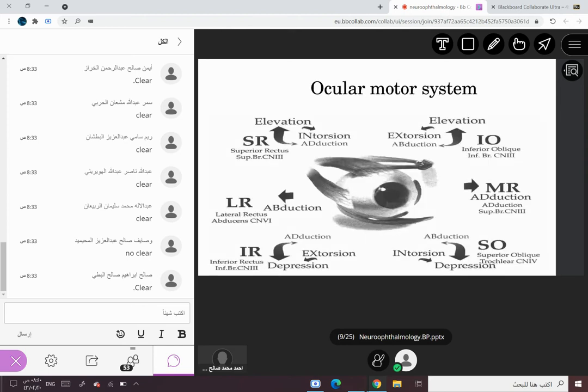Okay, let's take this one. What do you think? Which eye is this? Excellent, right eye. It's the right eye, because this is the medial rectus and this is the lateral rectus.